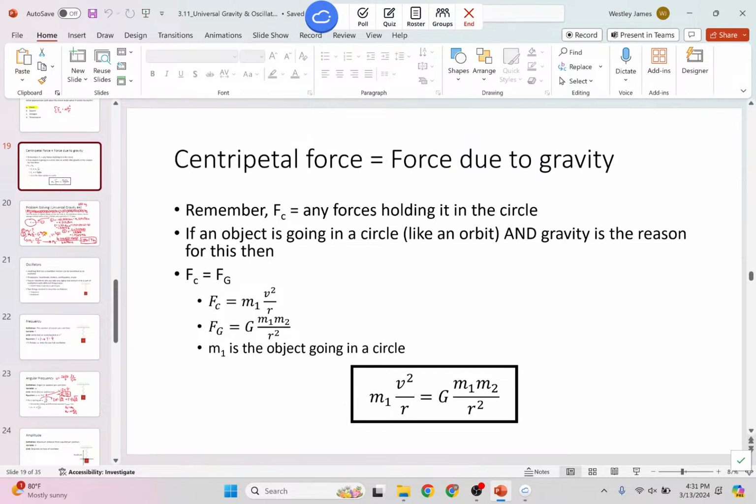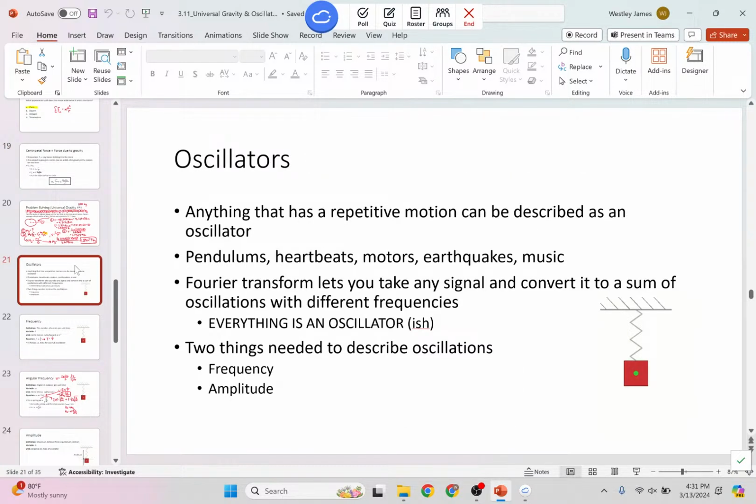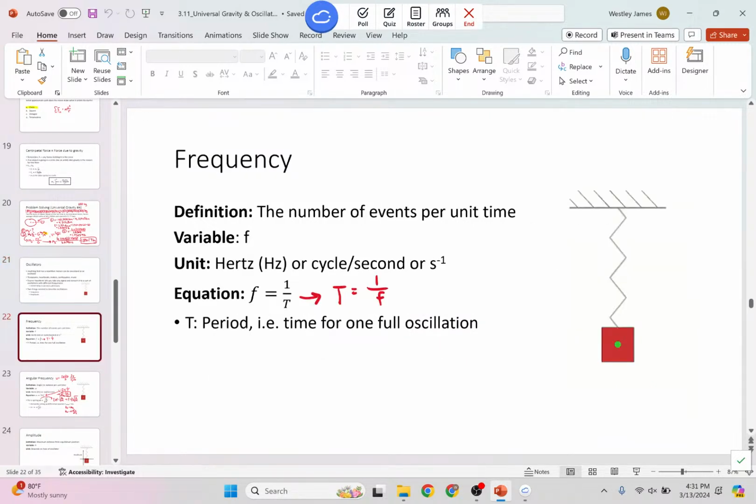Up and down, or left and right, pick your poison. It does the same thing whether it's up, down. It oscillates, it wiggles, back and forth. We talked about frequency. Frequency is how many times it completes a full cycle per second.